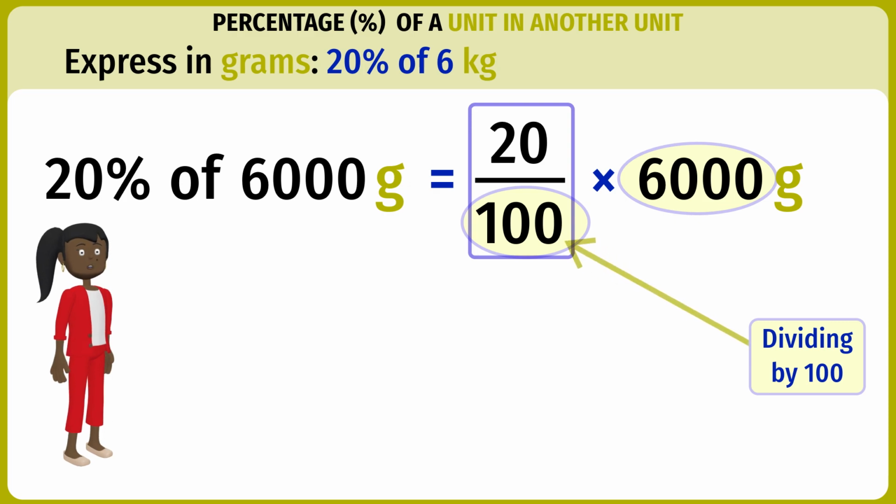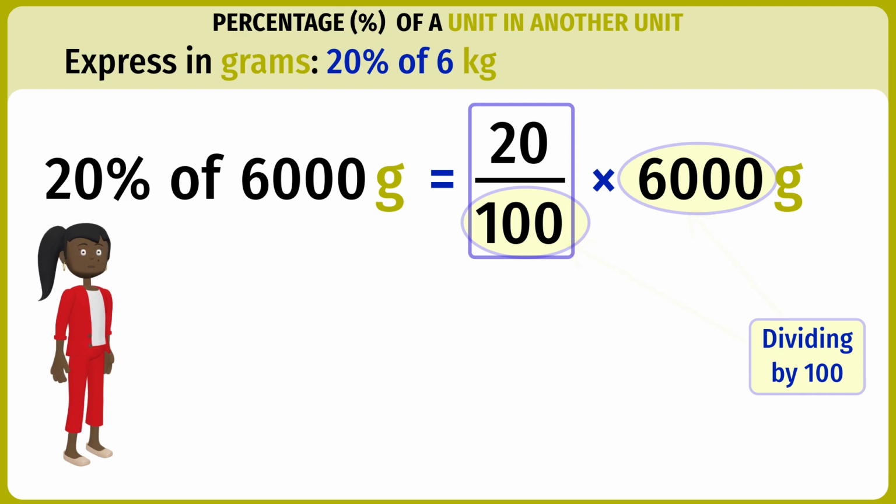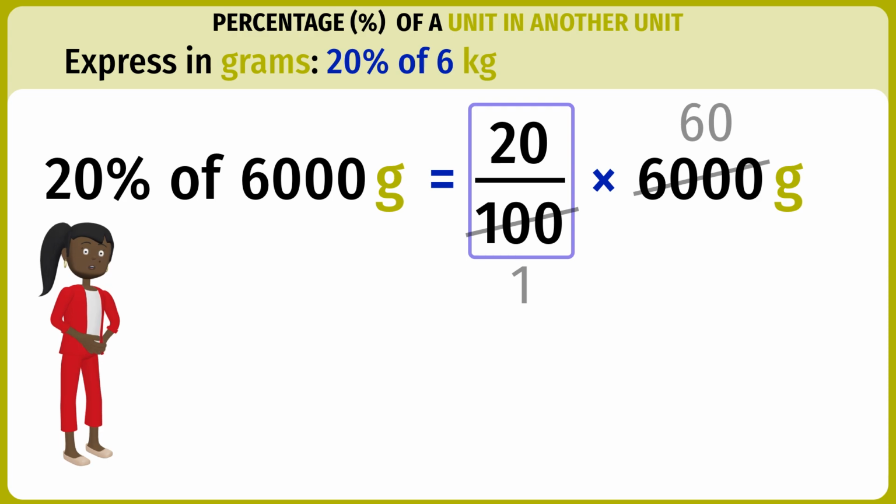Dividing 100 and 6,000 by the common factor 100, we get 1 and 60.